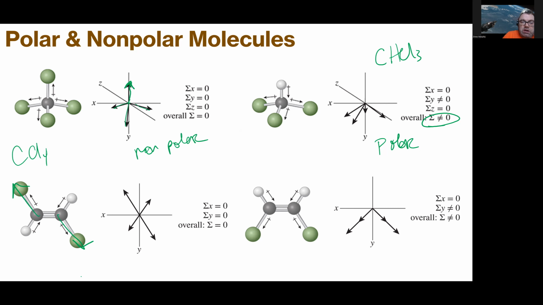So this is non-polar. And this one, they're pulling equally, but they're not exactly opposite. They're both pulling down. So there's a net down through here. Because there's a net down through here, this is polar.